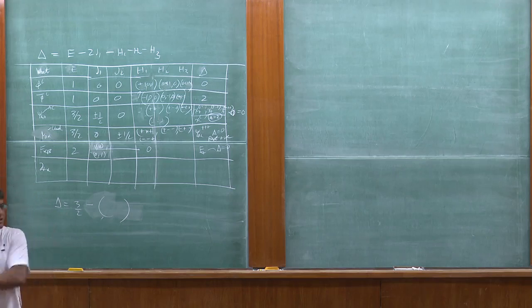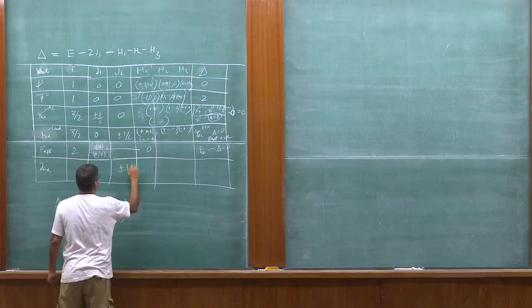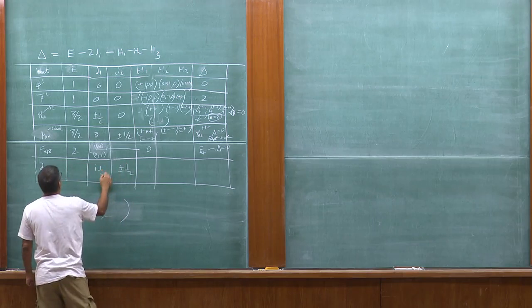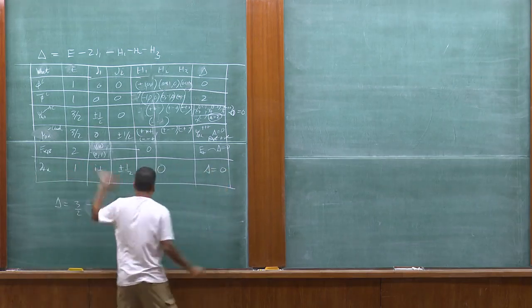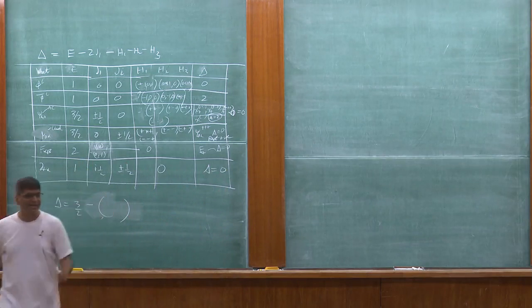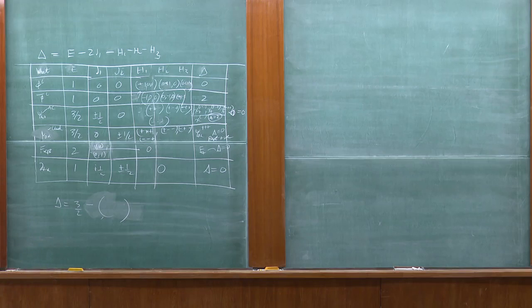So E minus 2J1 gives delta equals 0. And these guys have plus minus half under J2, half under J2, this is plus half here. This was 1 here, this was 0 here. Delta equals 0. Not writing the other derivative, del minus, because it's not delta equals 0.